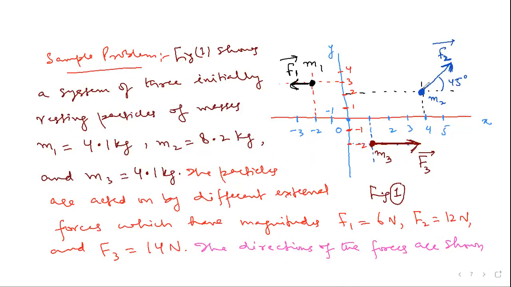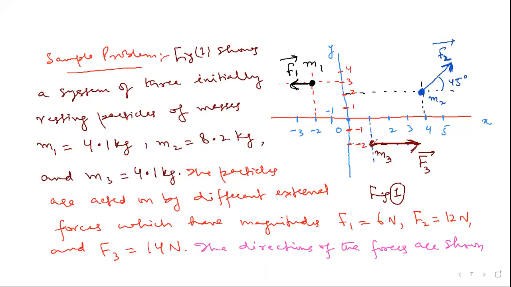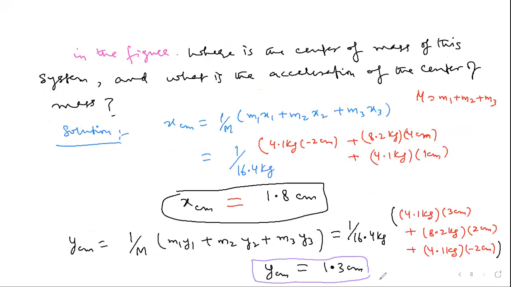Then you have m3, which is 4.1 kg, its y coordinate is minus 2 centimeter. So by solving this expression, you get ycm equal 1.3 centimeter.